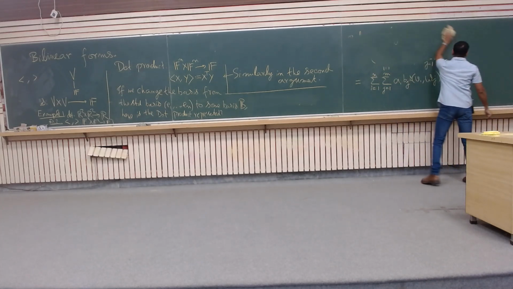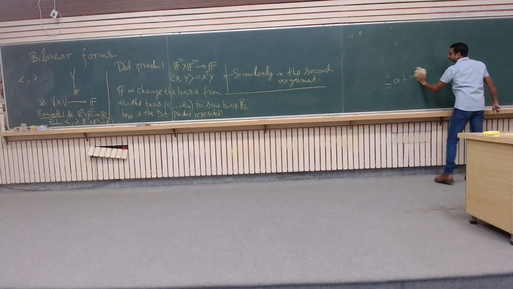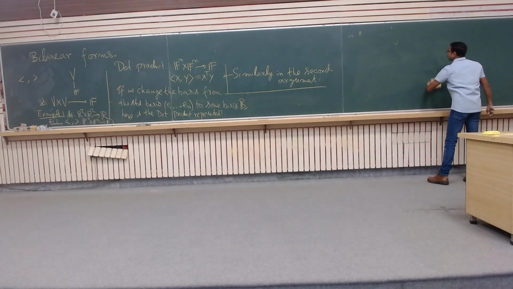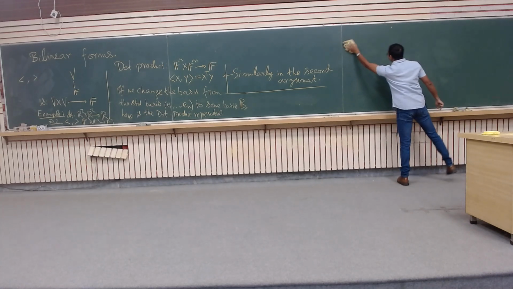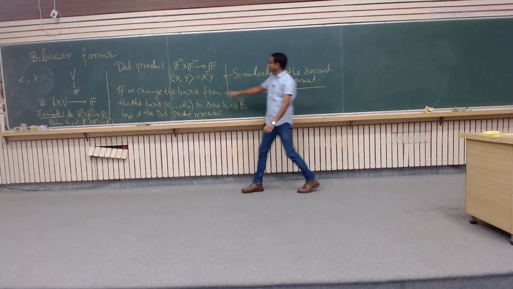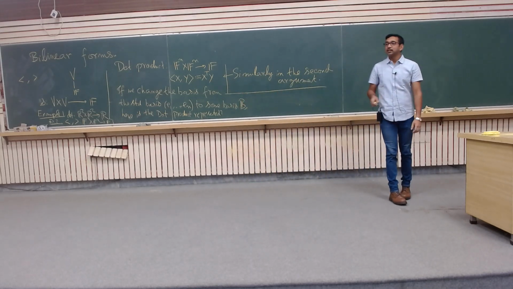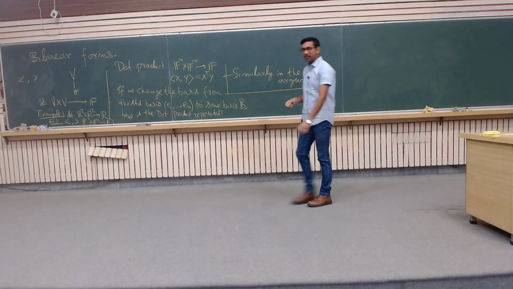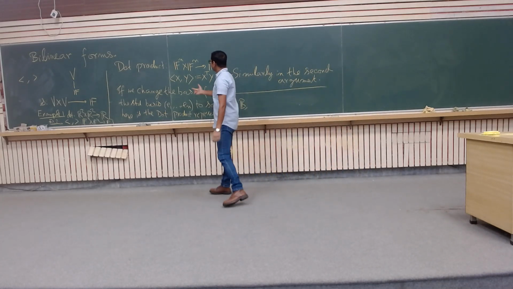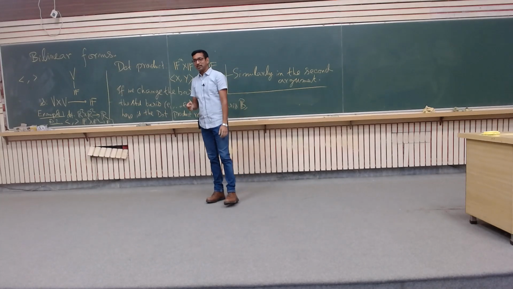So suppose you have a basis B. What happens to the matrix of the, or well, not matrix, what happens to the representation? Here we have represented it with x transpose y, and there what do we do? Which matrix are you taking the conjugate of?